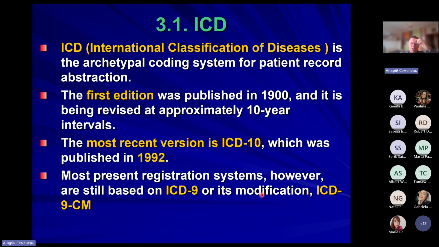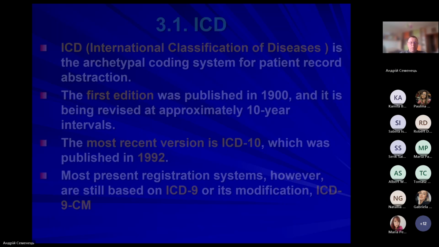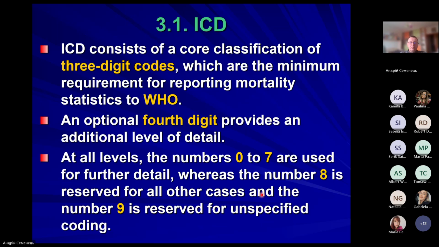The most recent version is ICD-11, and ICD-12 is still in development. I already mentioned that it consists of core classifications, a 3-digit code, which is the minimum requirement for reporting entities to the World Health Organization. An optional 4-digit code provides additional detail, and we have some reservation of numbers for specific details, and so on.